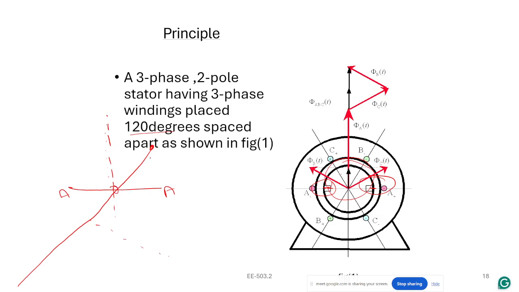Another 120. For each phase we are placing 120, and for each one we place another 120. Similarly we get six coil sides. Another is the B and B, this one the C and C. This is how we are placing them. So R, Y, B is the terminal system.